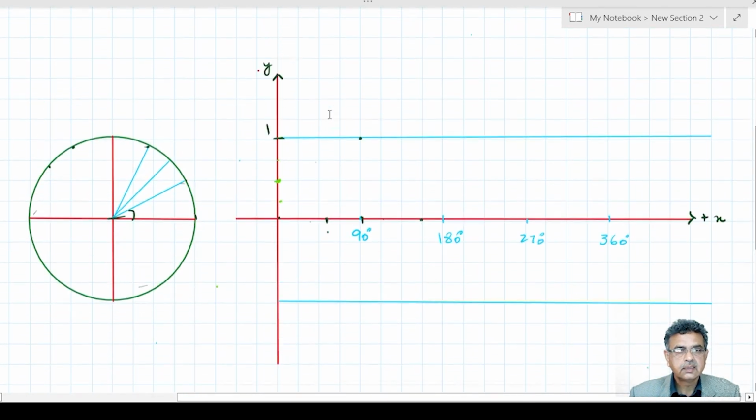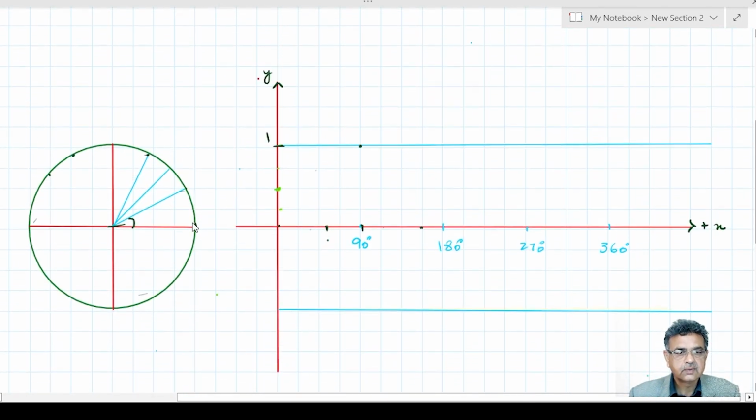Let's see here in a circle, you know that if we start from this point, then the complete angle of this circle till here is 360 degrees. In terms of degrees, that is 360, and in terms of radians, that is 2 pi.